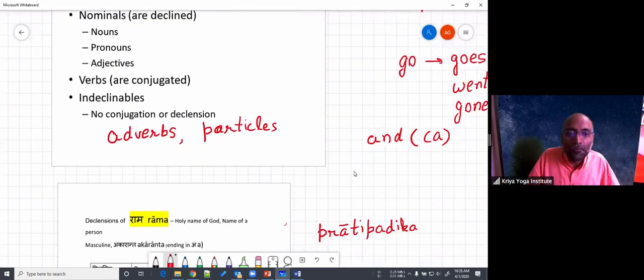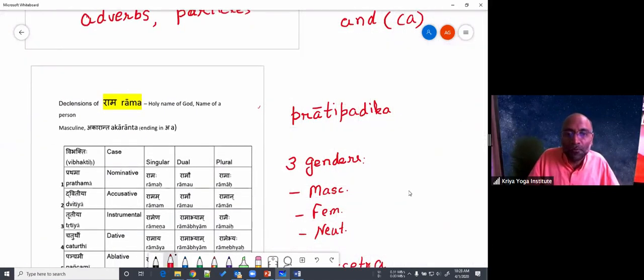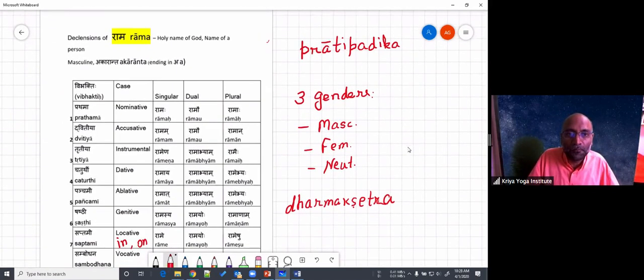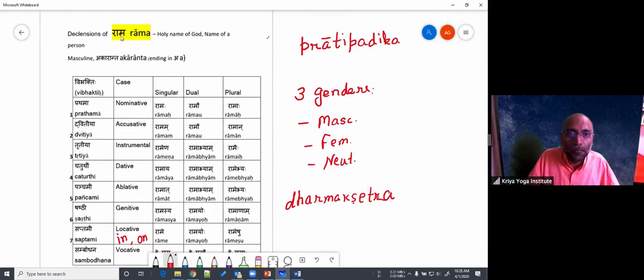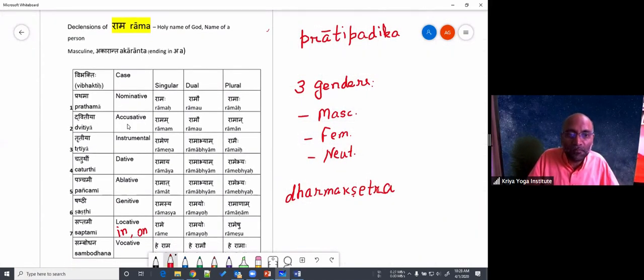So for the nominal forms, we have a base word, and this is the table which has all these cases and 3 numbers.